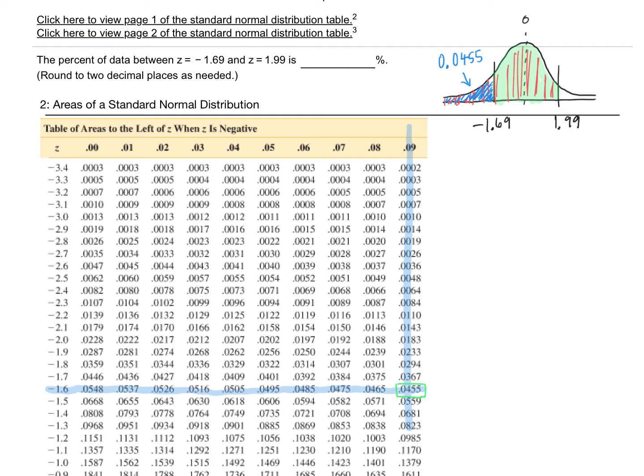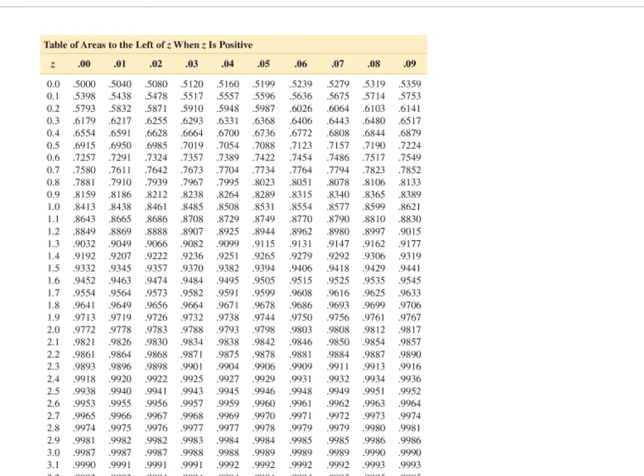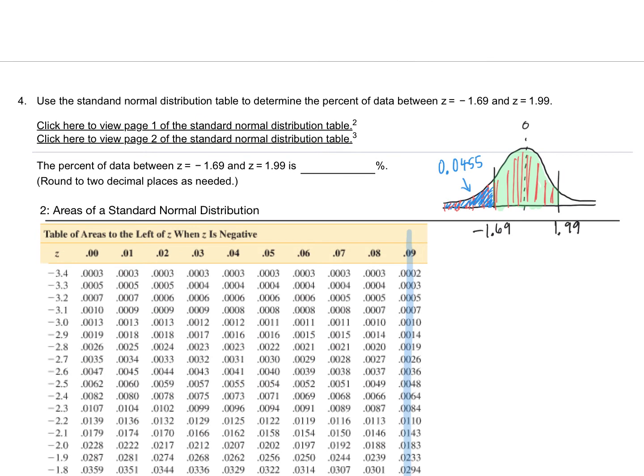Now I want to find what I have marked in red. That's going to be the area to the left of 1.99. So I'm going to go to this chart. 1.9 is here, 1.99, so I'm looking here, and you can see it intersects right here, 0.9767.